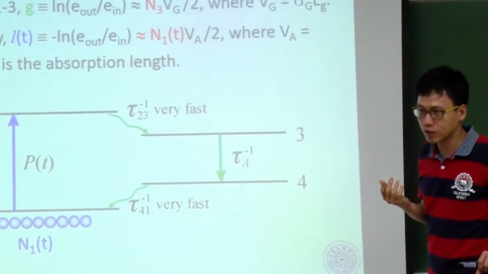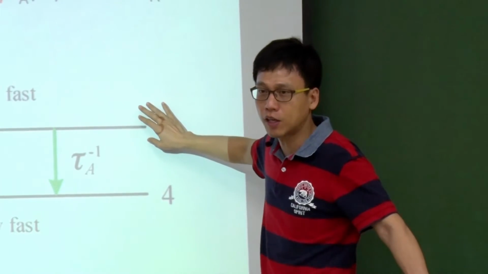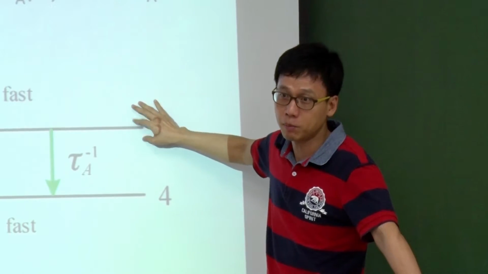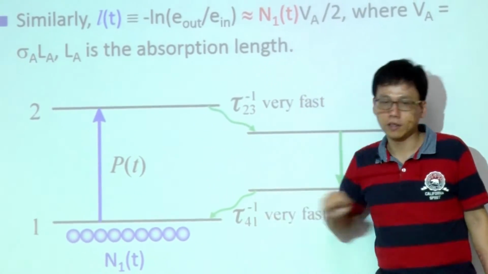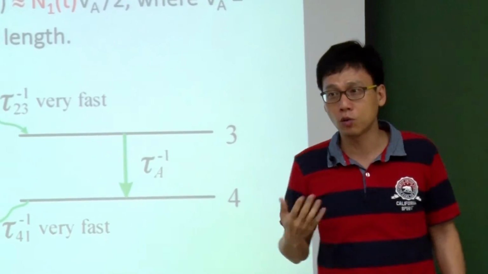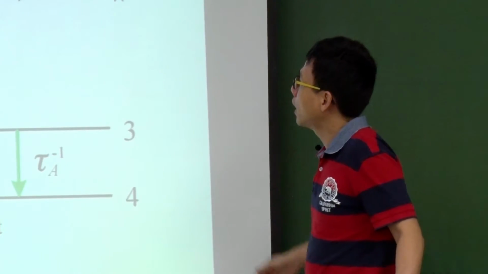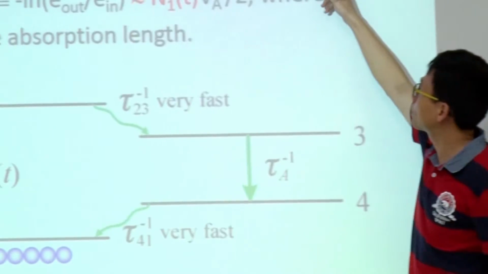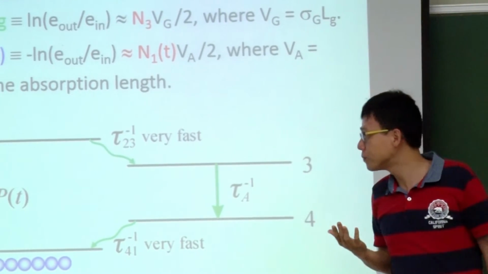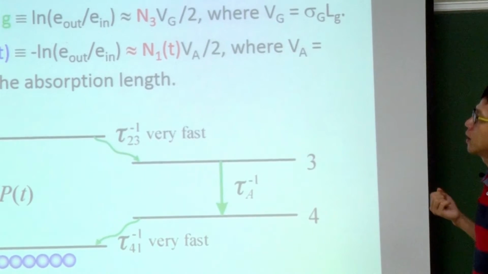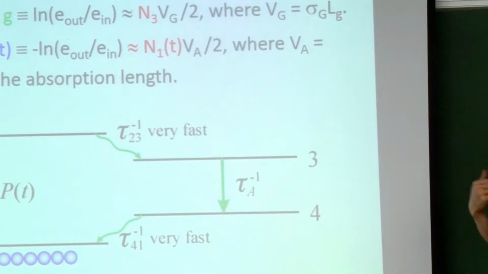So how strongly you can absorb depends on number density N1 instead of number density N3. This is about gain, amplification. Here, we are interested in absorption. So N1 matters. The larger the N1 you have, the stronger the absorption you can have. Okay? Everything else is very similar. Replace Vg by Va. Va is an equivalent volume, which is the equivalent cross-sectional area, sigma A, times the absorption length, L sub A.